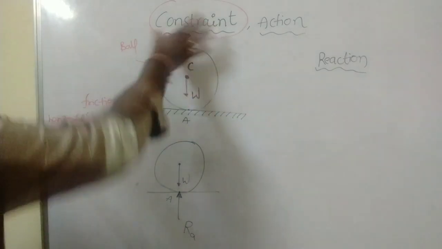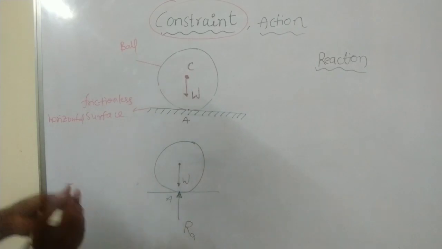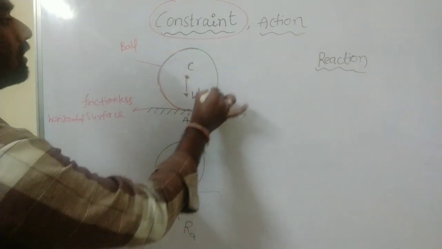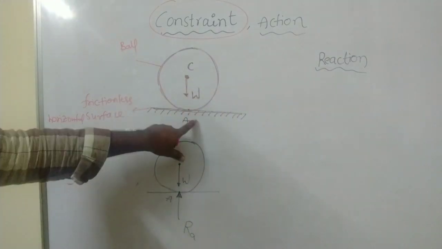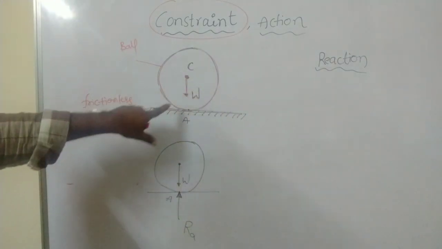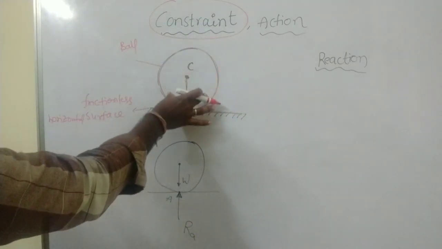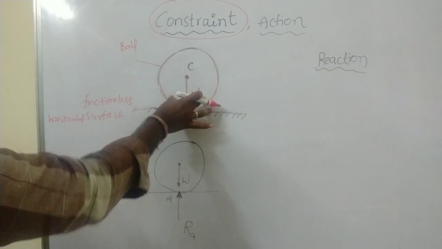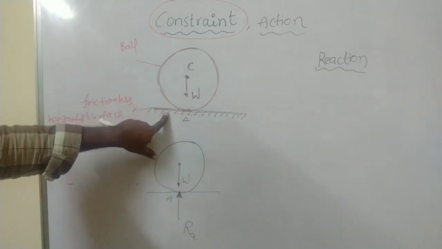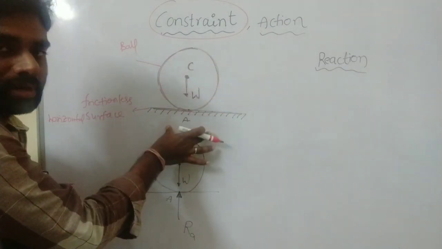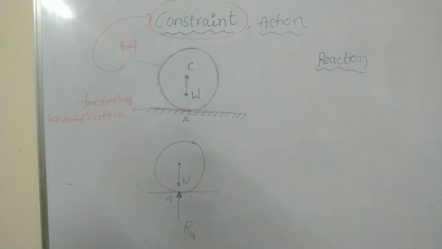What is the definition of constraint? Please listen carefully. A ball resting on a frictionless horizontal surface cannot move vertically downward. The horizontal surface restricts the motion of the ball in the downward direction. That is known as constraint.